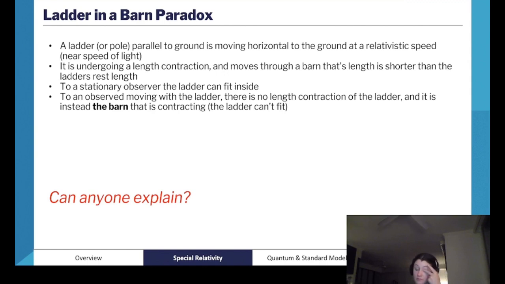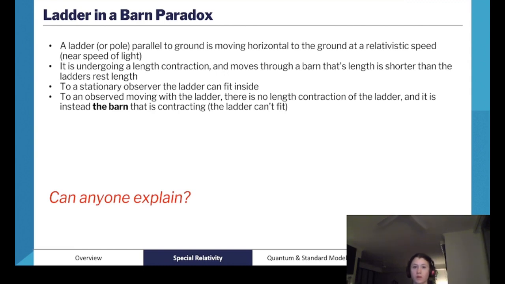Alright, now getting on to the last paradox, which is the ladder in a barn paradox. For this one, we have a ladder or a pole, whatever you'd like, parallel to the ground, moving horizontally to the ground at a relativistic speed, or in other words, near the speed of light. So it is undergoing a length contraction and moves through the barn that's length is shorter than the ladder's rest length.